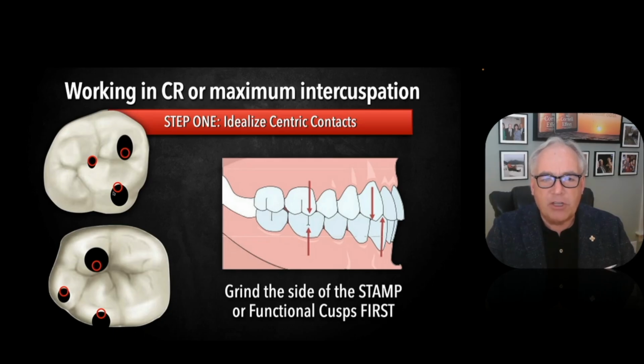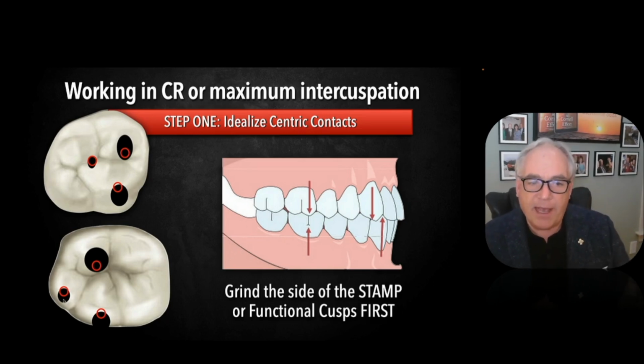So it's good to first grind on the sides of the stamp cusp. So in this situation, we would grind on the side of this lingual cusp. Since this is a non-functional cusp, we would go down here and grind on the side of the mandibular functional cusps. And as we do that, you'll find that the cusps find their way into the fossa.